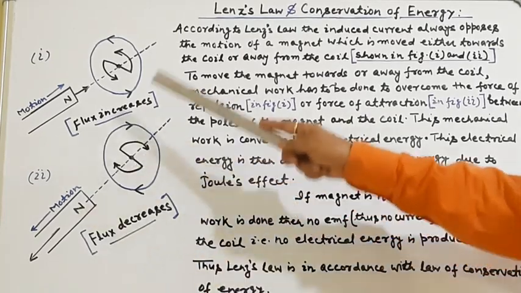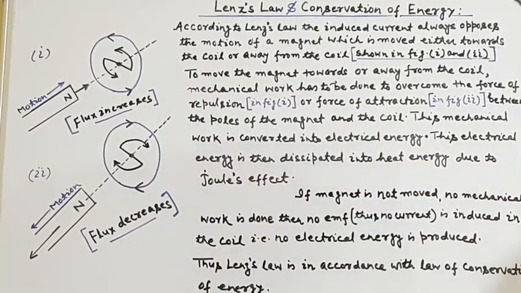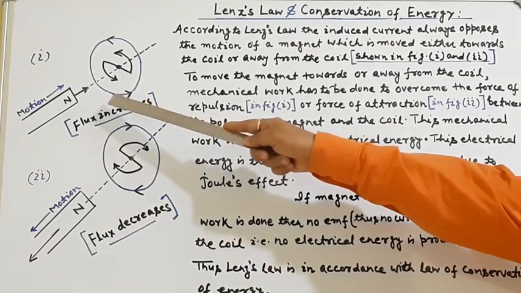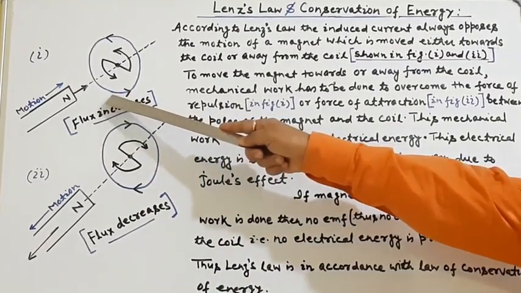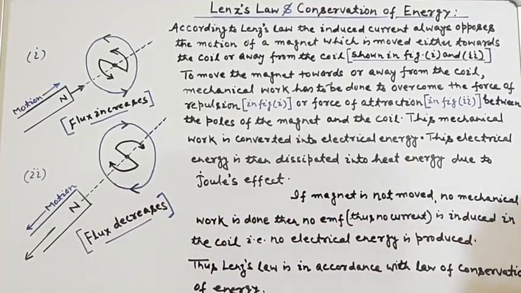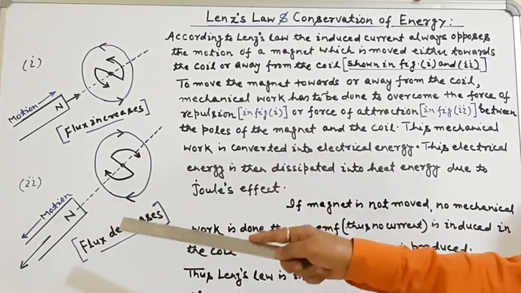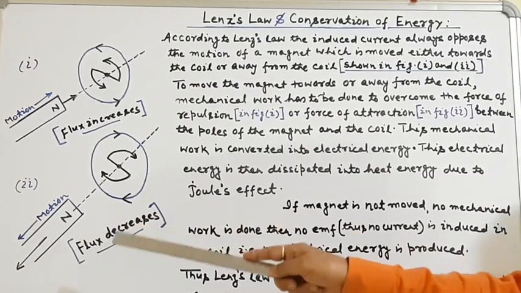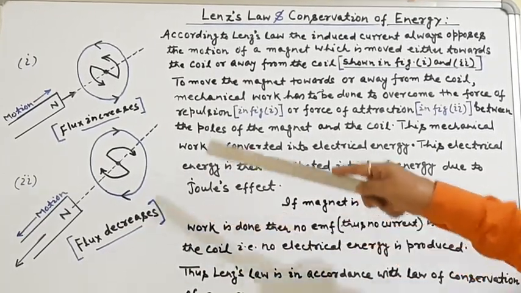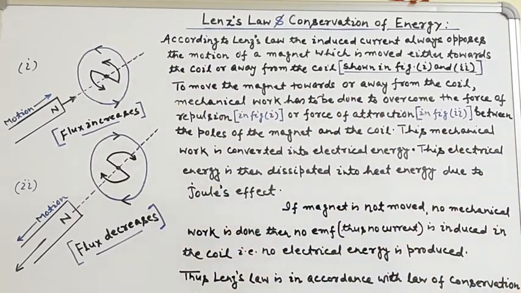If you want to maintain the motion of this magnet, some mechanical work has to be done against this force of repulsion in figure 1 or force of attraction in figure 2. And this mechanical work done will be converted into electrical energy and stored in the coil.